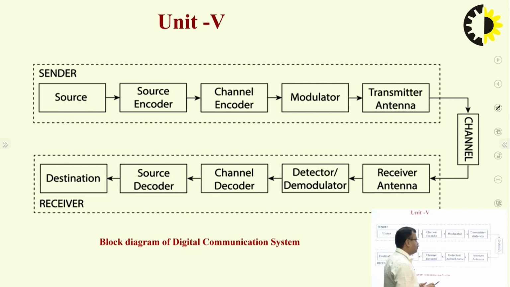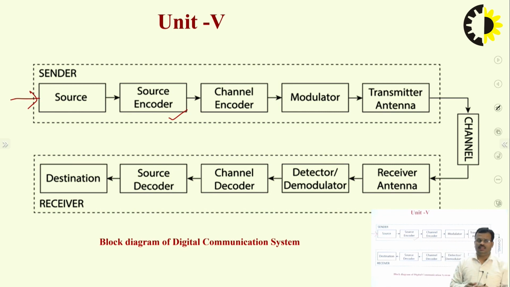Whenever you want to communicate your information digitally, in this diagram you can see that from the source, the information that you want to communicate goes to the source encoder. The source encoder encodes your information along with data compression.